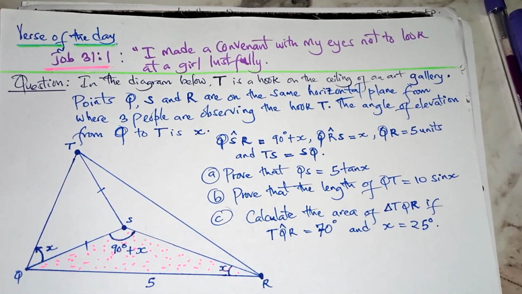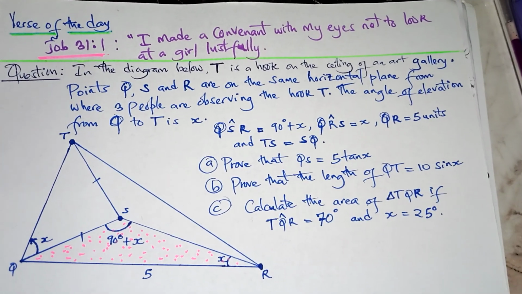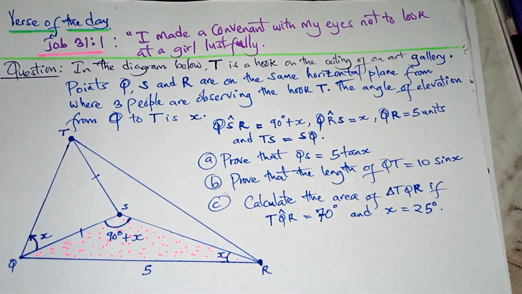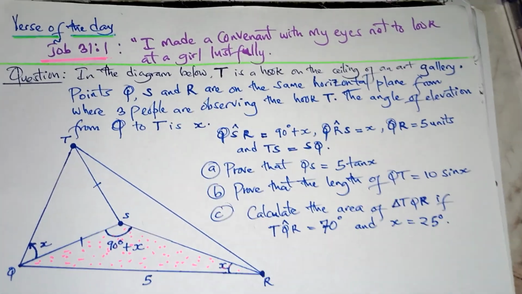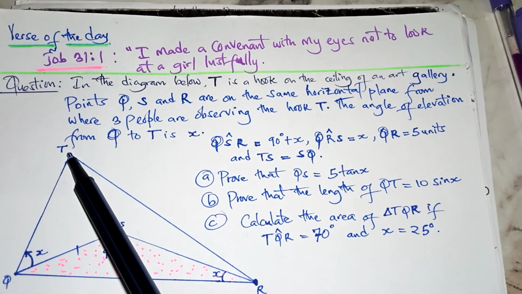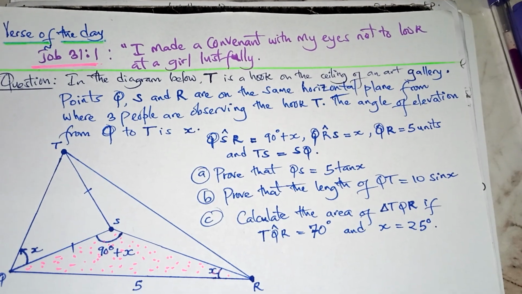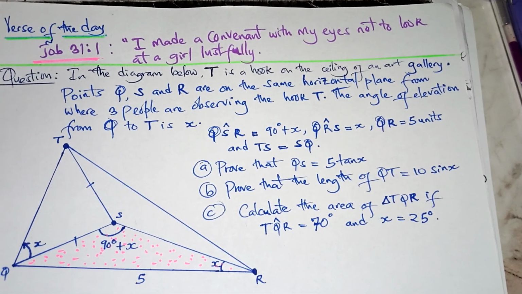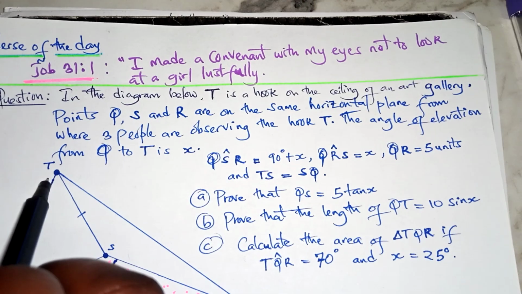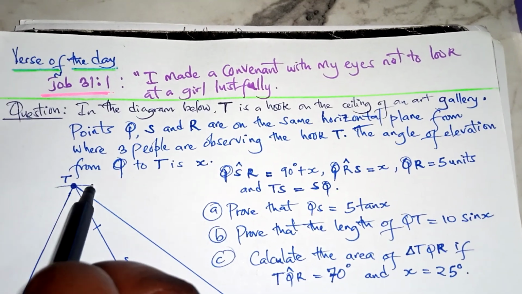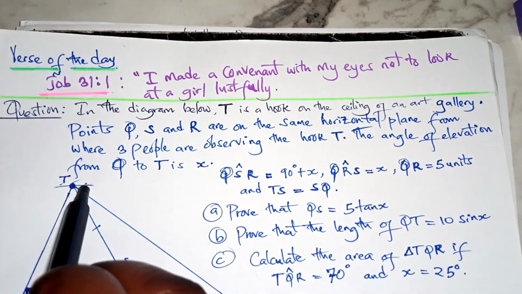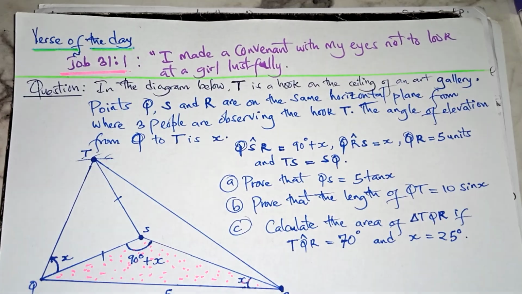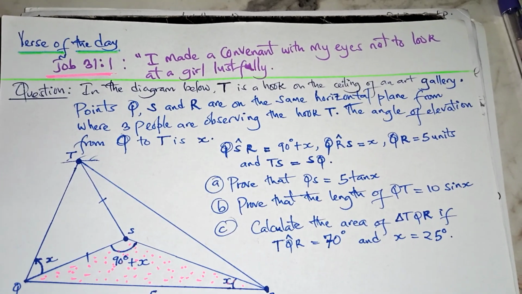The question says that in the diagram below, T is a hook. This is a hook on the ceiling of an art gallery, so probably it's hinged inside.